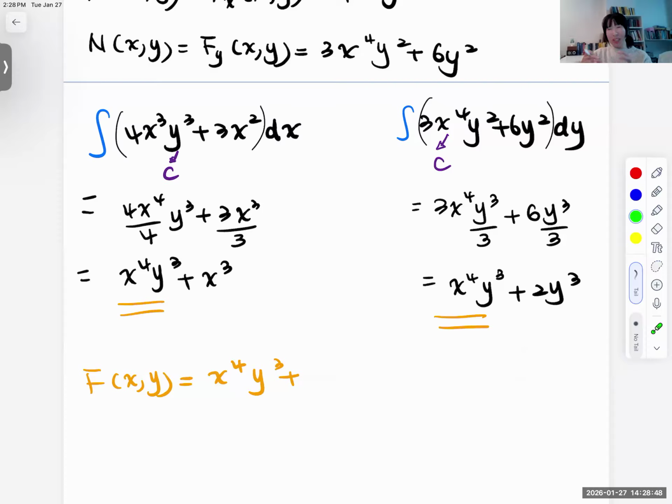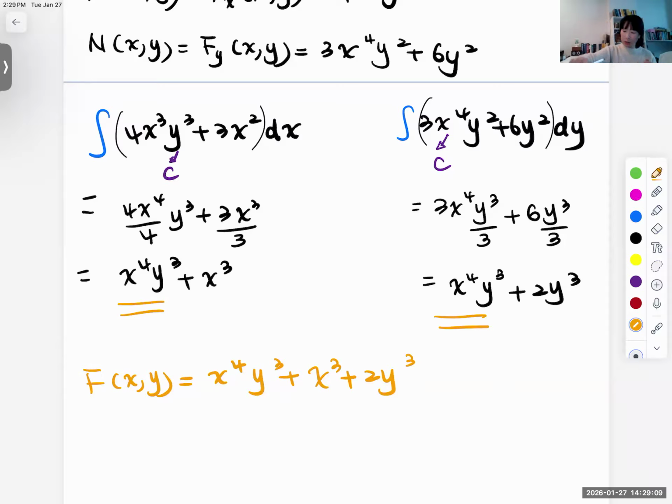So normally they match, right? So we have x to the fourth, y to the third. That's it. But then in that case, we have x to the third power and then 2y to the third power, right? So we are writing out x to the third plus 2y to the third, right? Okay, so let's check that.